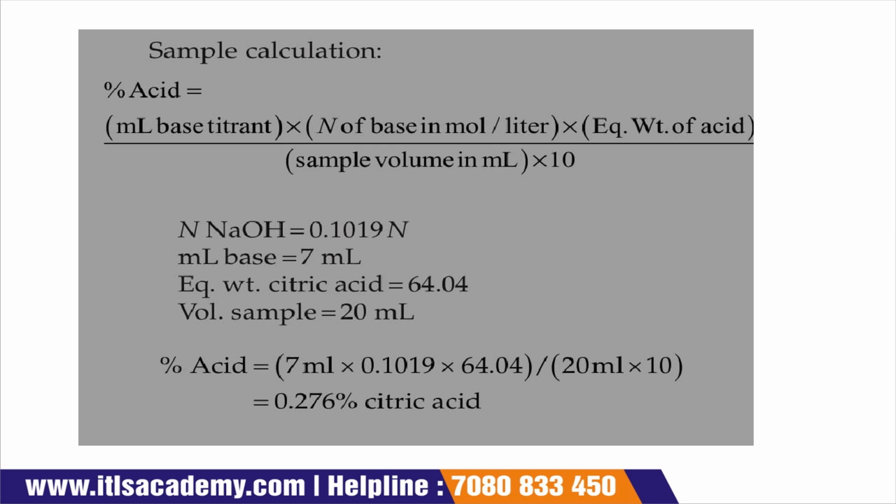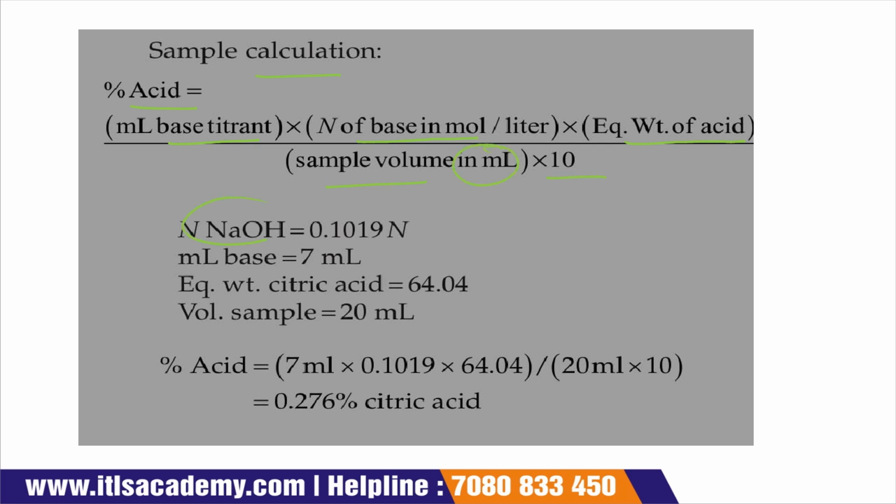Now the next one is your sample calculation. Percentage of acid is equal to base titrate in ml multiplied by normality of base in moles per liter multiplied by equivalent weight of acid, divided by sample volume in ml multiplied by 10.